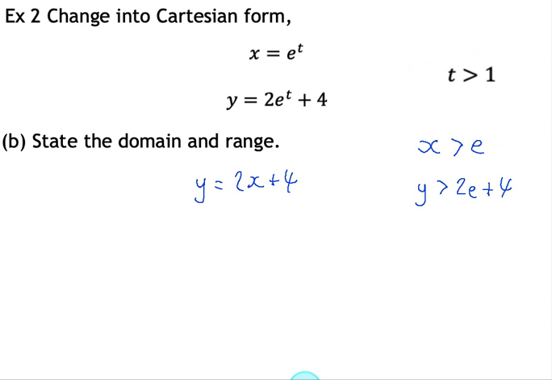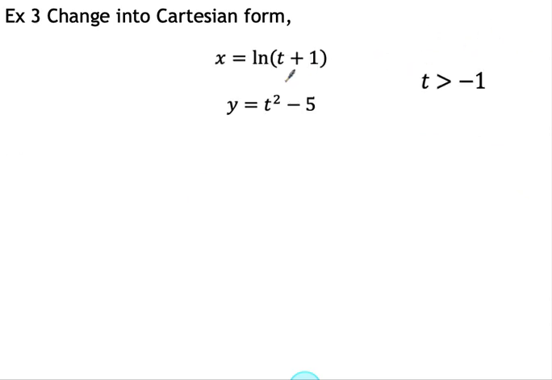Third example. This time we have a natural logarithmic term, and the quadratic. So we're going to have to do a little bit of work here, and t is greater than -1. We can hopefully see why that is the case. Let's start off with x. I'm going to take exponentials of both expressions, and then write it like that.